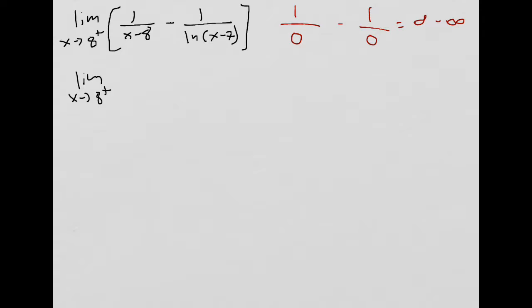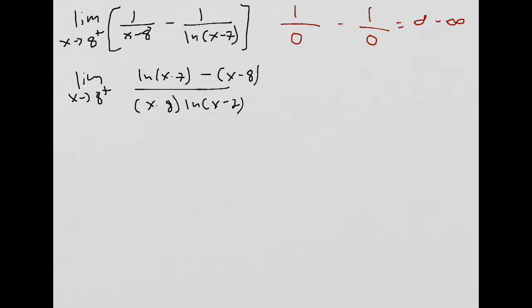In this case, the LCD is going to be the x minus 8 and the ln of x minus 7, which means the first fraction needs that ln of x minus 7, and the second fraction needs the x minus 8 in the denominator. So we get that x minus 8 here.